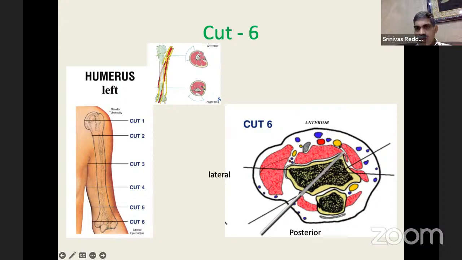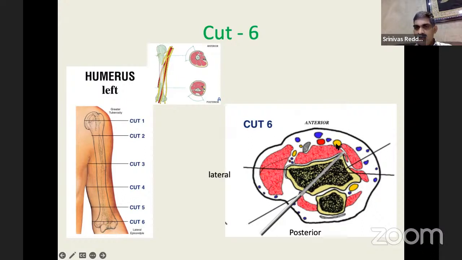This is the olecranon, and here one wire is passed parallel to the joint from the medial to the lateral aspect, medial epicondyle to lateral epicondyle, and at a 30-degree inclination to the first wire, from anterior to the medial epicondyle, it is passed in a posterolateral direction. And you see here, this is the ulnar nerve lying behind the medial epicondyle.